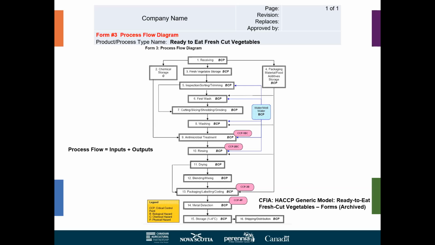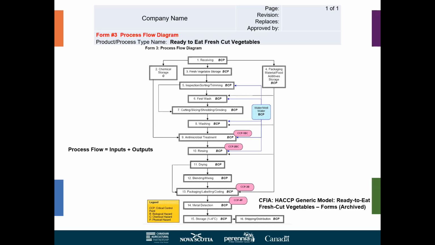So if you're receiving product and you're storing it, we do expect to see that. So for this one here, they've identified that they're receiving product, then they receive chemicals as well under number 1, and they store their chemicals separately from their fresh vegetables. So that's going to have hazards associated with it.